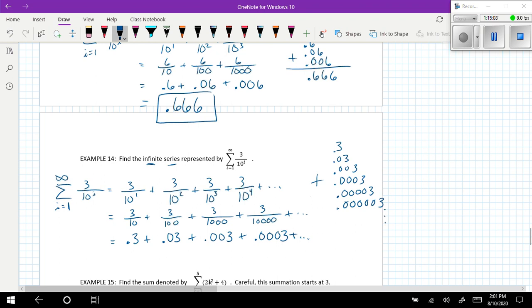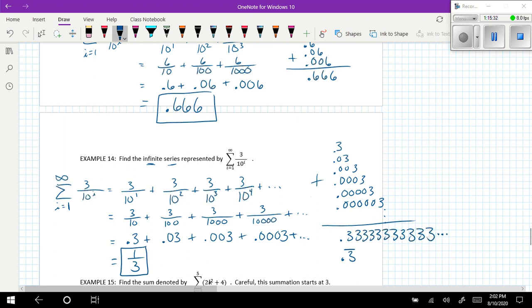And it just keeps going and going. The answer to this is 0.3333333 dot dot dot, right? Doesn't it repeat? Or 0.3 with a bar over it. So 0.3 with a bar over it, you should recognize as being the fraction 1/3.